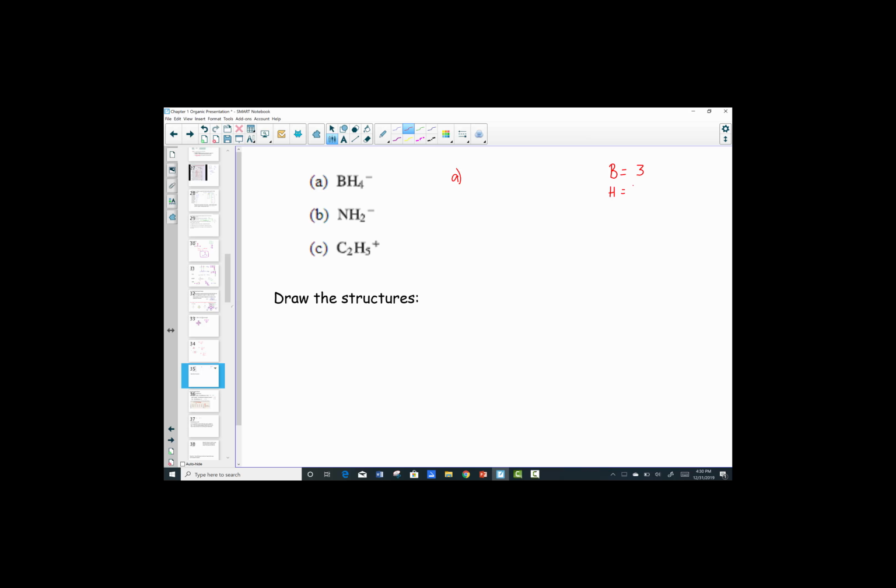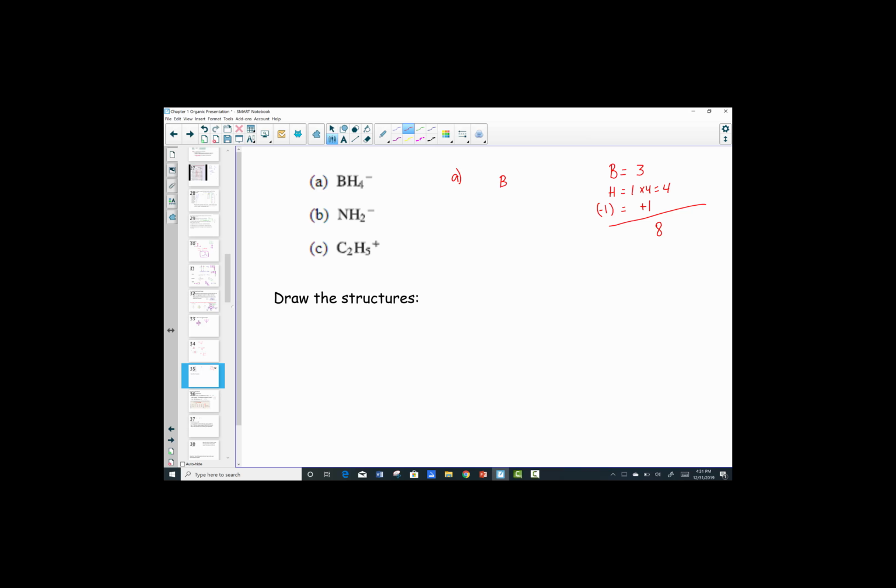Hydrogen lives in group 1, but there's 4 of them, so that's 4 total electrons. And the -1 charge means you have 1 additional electron. Adding electrons makes the species negative. So the total number of dots here is 3 plus 4 is 7, plus 1 more is 8 dots.